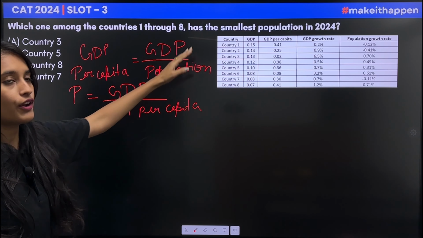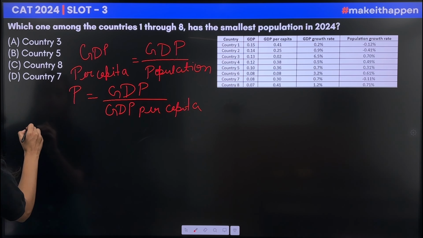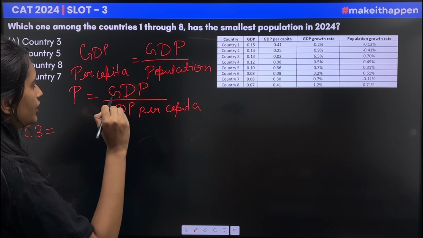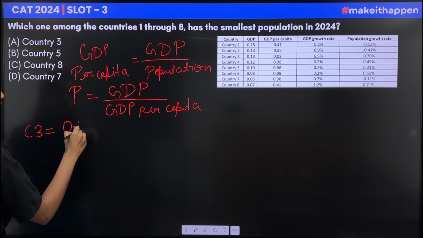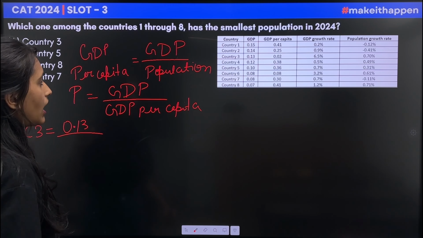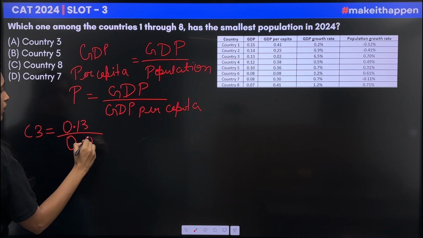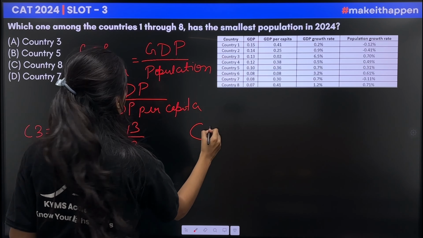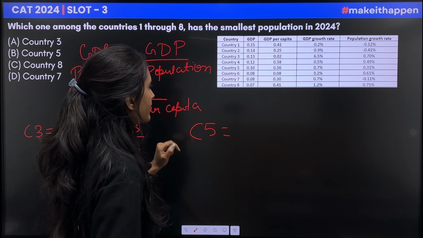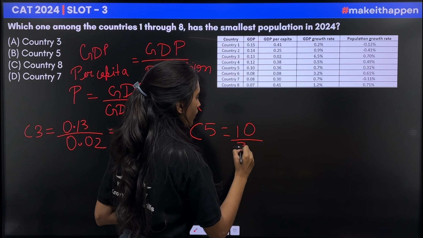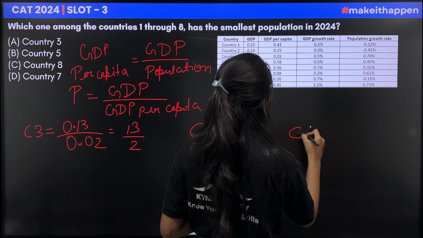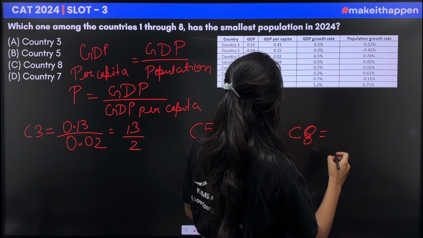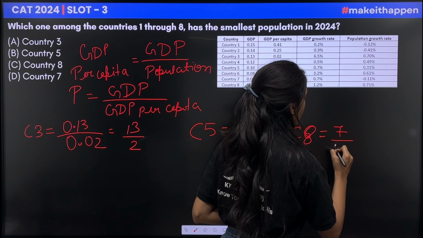We'll not solve for every country. So for country 3, I'm writing C3 here. The GDP is 0.13 and the GDP per capita is 0.02. This will ultimately give me 13/2. For country 5, it's 10/36. For country 8, it's 7/41.